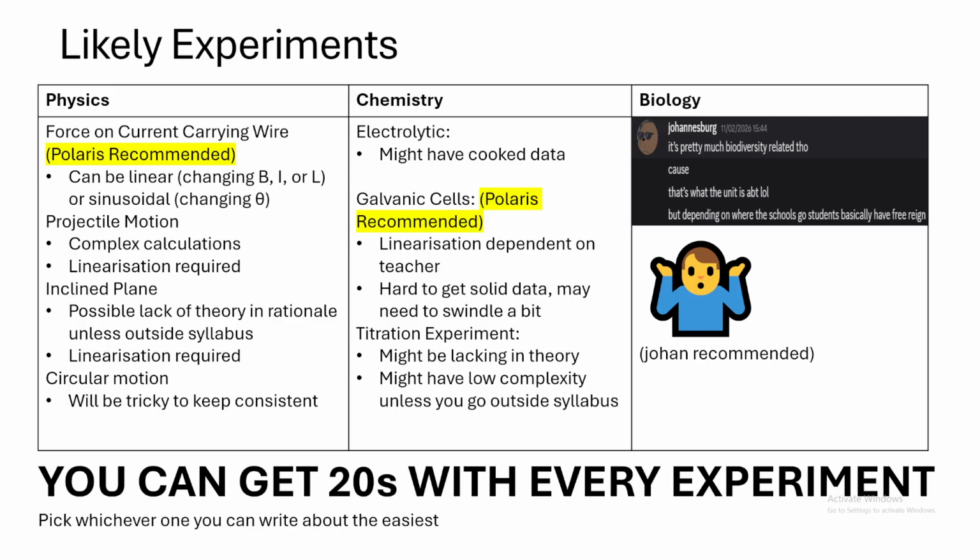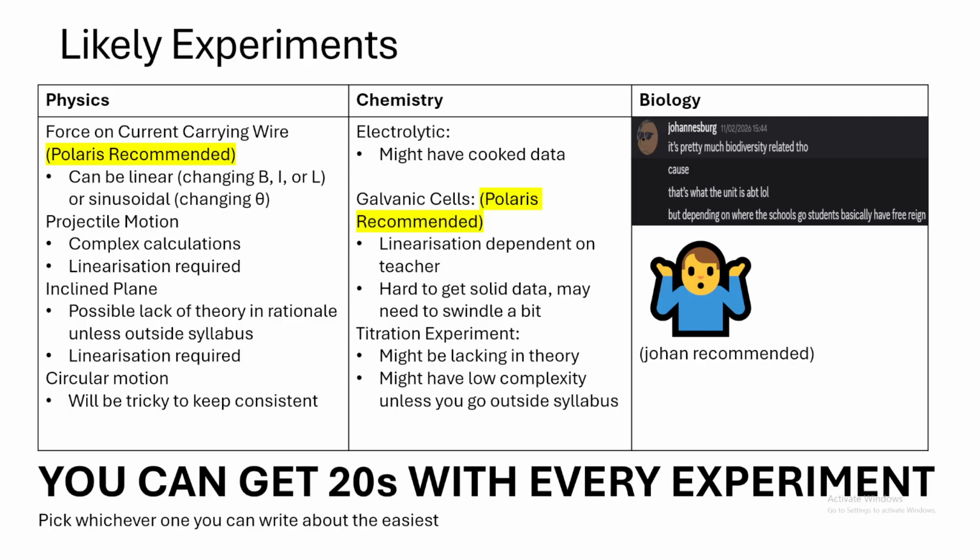What you're essentially doing is taking those equations and isolating one variable that would be the variable you're measuring, and then changing the other conditions. For example, with the force on a current carrying wire, F equals BIL sine theta is the equation, and you might change I, which is current.